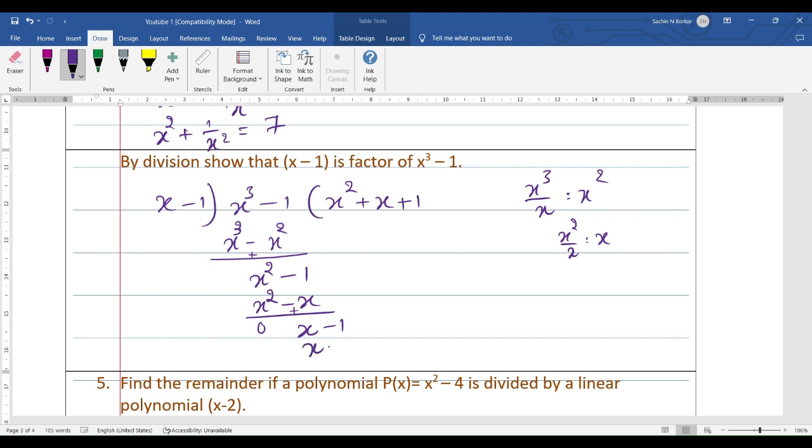So I get x minus 1 and the remainder goes 0. So by division, I obtained the remainder 0. So I proved that x minus 1 is a factor of x cube minus 1. Therefore, x minus 1 is a factor of x cube minus 1.